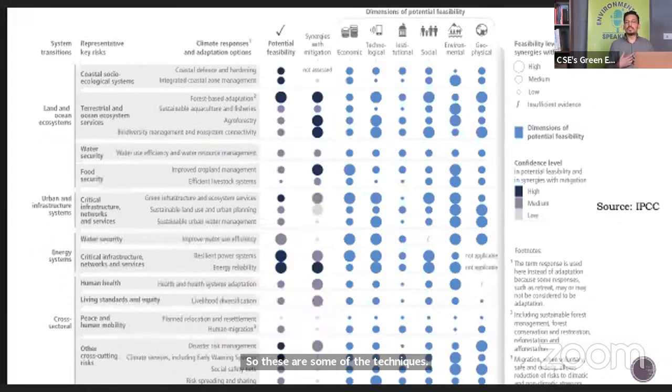So diverse and feasible kind of adaptation options exist, and some of the options given on your screen are from IPCC. One of the things to stress in this is that the adaptation approaches are more localized compared to mitigation approaches.